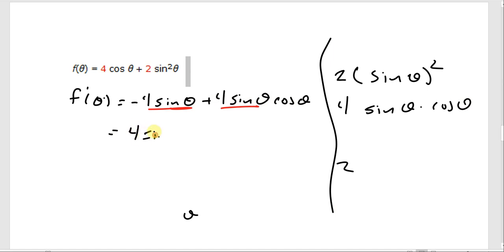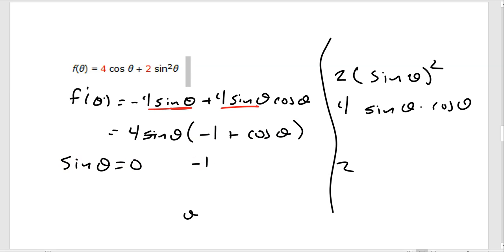We have 4 sine theta times -1 plus cosine of theta, and we want to know where each of those is equal to 0. So sine of theta is equal to 0, or -1 plus cosine of theta equals 0.